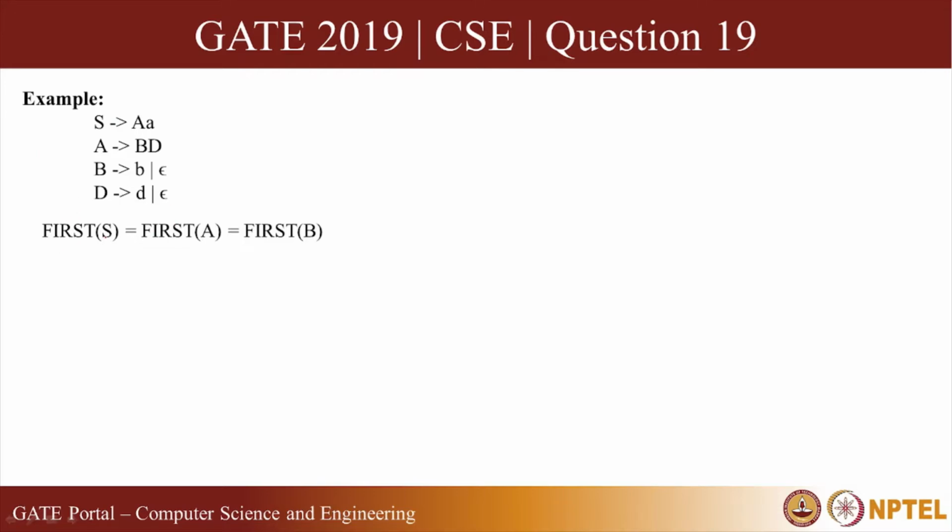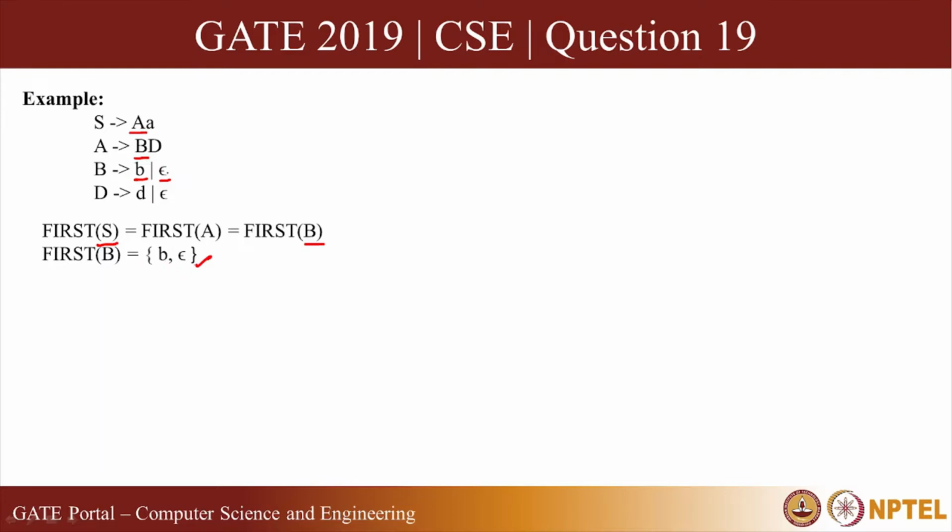Now we want to find the first of S, which means the first terminal derived from S. The first non-terminal derived from S is A, so we look at the terminals generated by A. We can directly say first of S is equal to first of A, and first of A is equal to first of B. Now first of B is the terminal small b, and we can also get null. So this is the set for first of B.